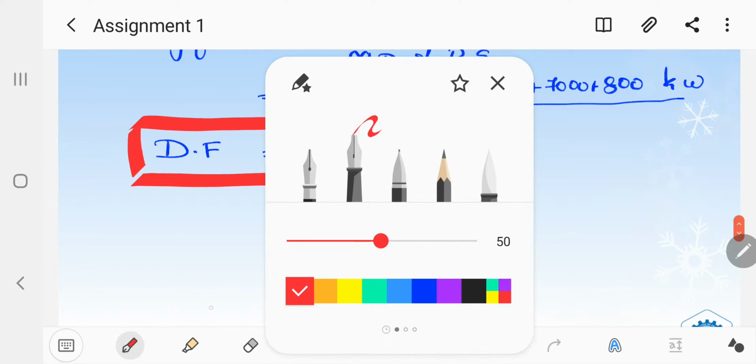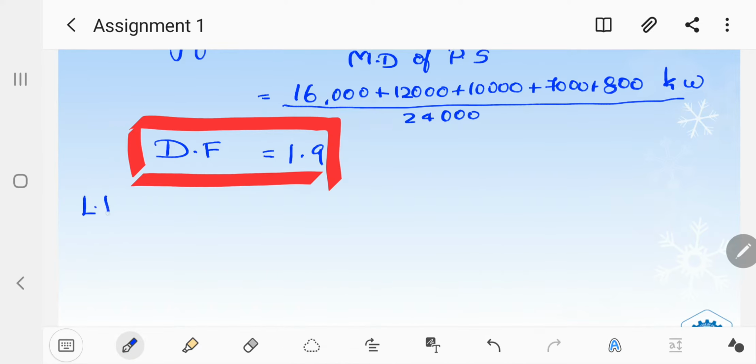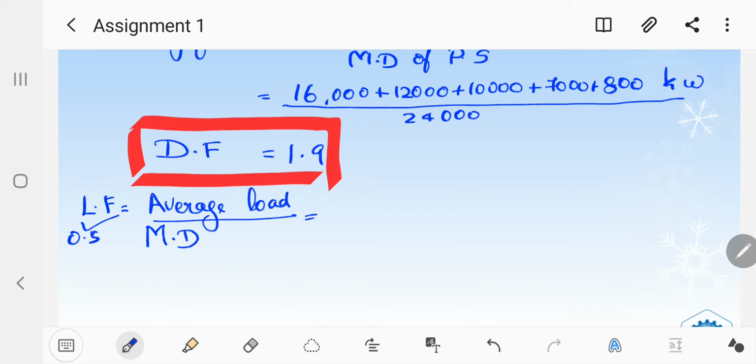Load factor is equal to average load divided by the maximum demand. Average load you can find from this equation. Load factor is given in the question as 0.5 and the maximum demand is given as 24,000 kilowatt.